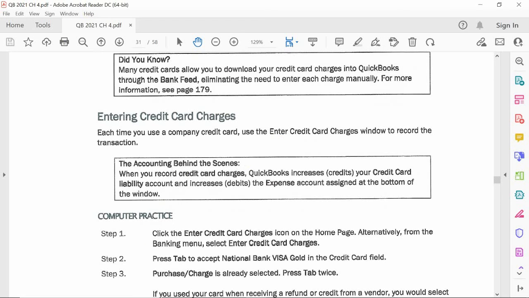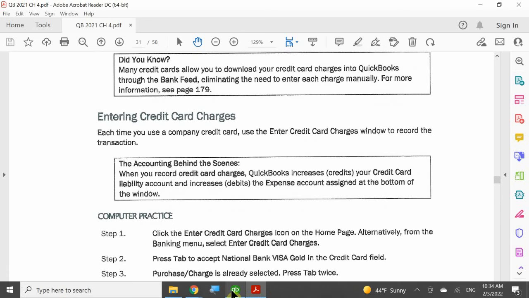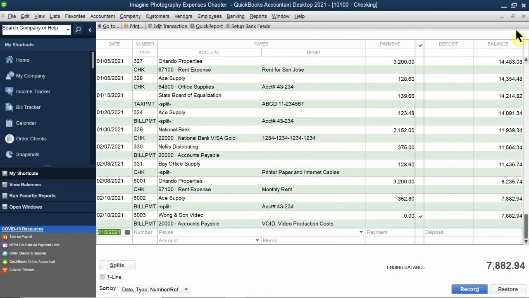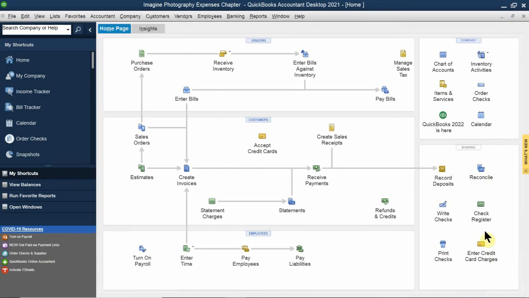Pretty straightforward. On your home page, you have it right here: Enter Credit Card Charges. It's underneath the banking section because if you're going to have a business, you're probably going to have a debit card, and also some form of credit card.